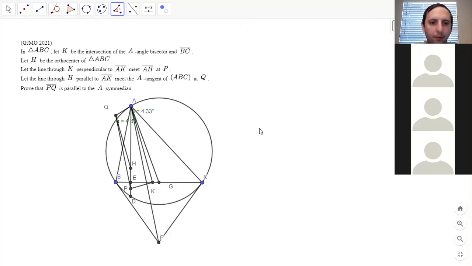Oh, they are equal. Okay. So somehow we want to show angle. So I guess first we could show that AK is parallel to QH. So QH is parallel to the angle bisector. Oh, that's given in the problem. Okay.